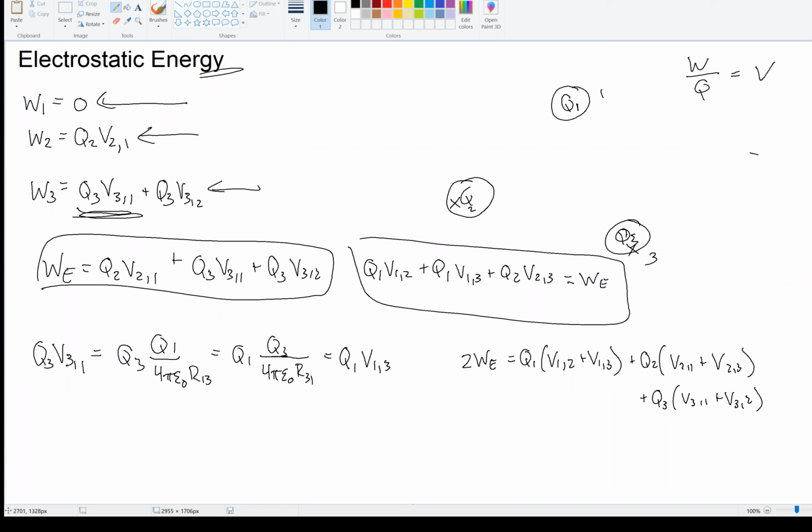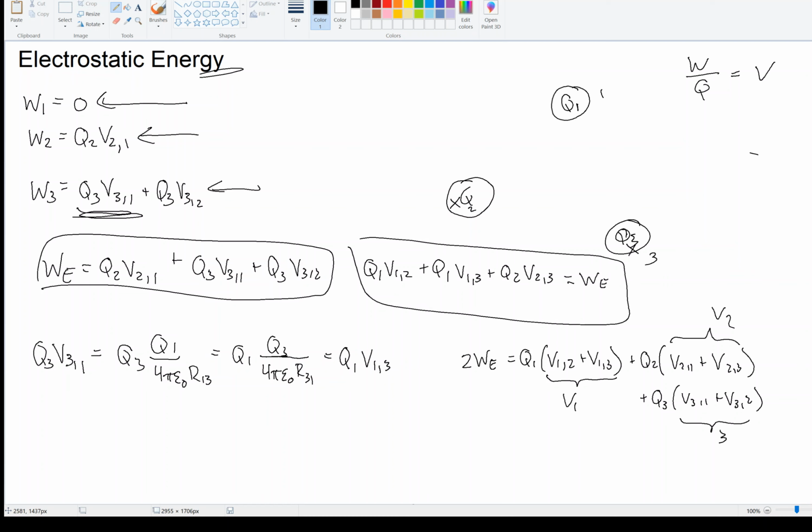Hope you agree. Each term in parentheses is the total potential due to all charges except for the charge at that point, right? So this is the total potential at point 1 due to 2 and 3, the other two charges. So we're going to call that V1, and we're going to call this V2, and we're going to call this V3.